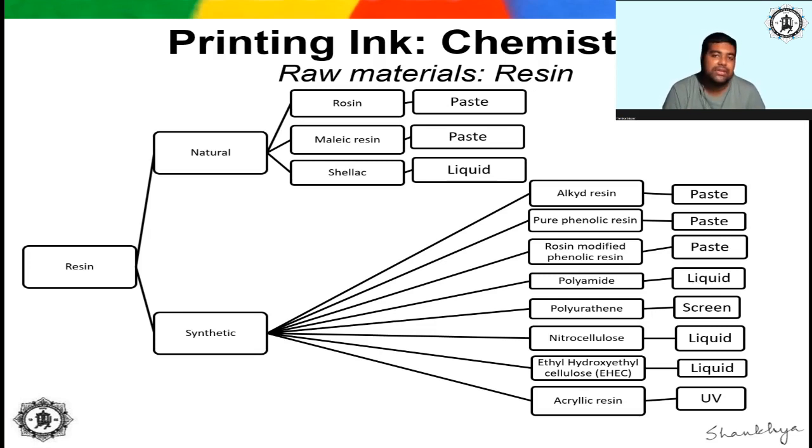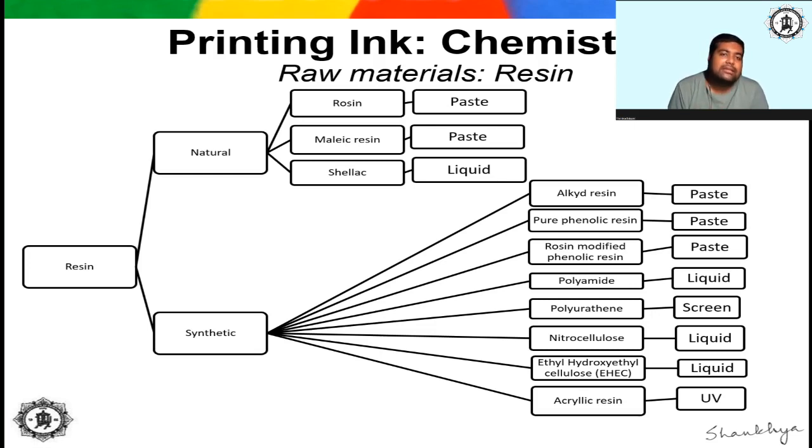Most of the properties of the ink, that is the solvent uptake, water emulsification ability, optical properties, adhesive power of the ink onto the substrate, surface properties, are primarily controlled, again I'm repeating, primarily controlled by the resin. Why primarily? Because it is the resin choice that you are making which will ultimately drive these properties of the ink.